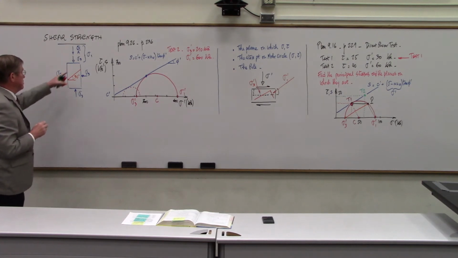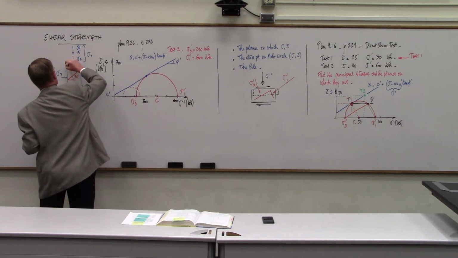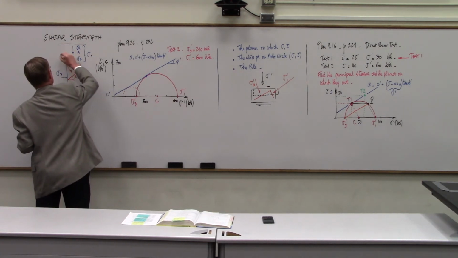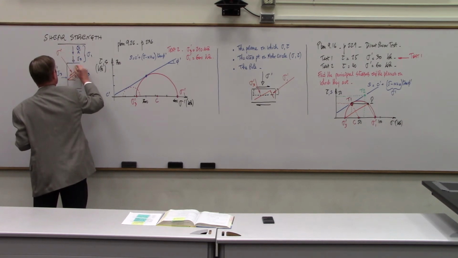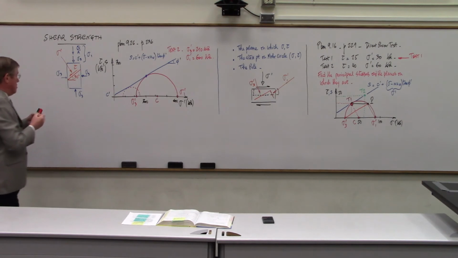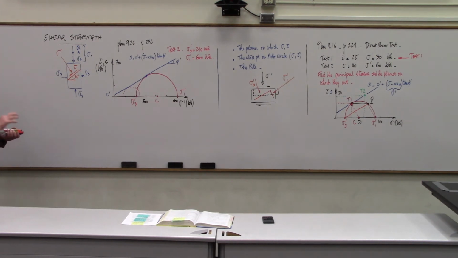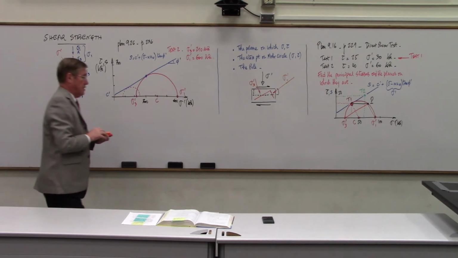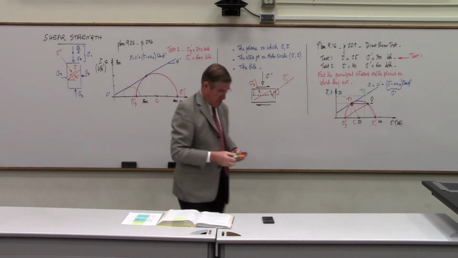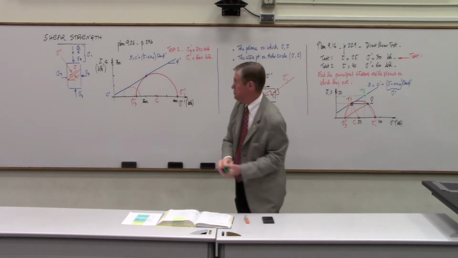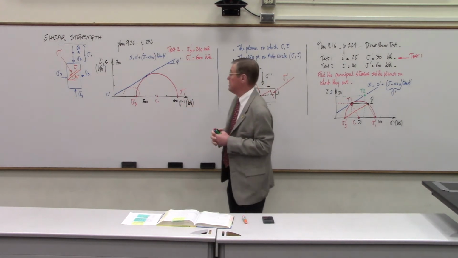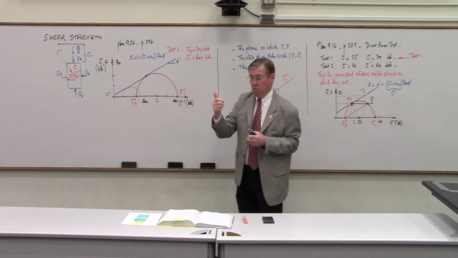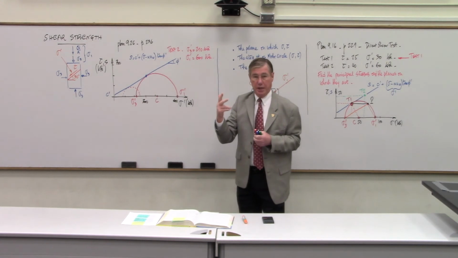So the question is, here's the plane. What are the stresses, sigma prime and tau, within that triaxial test? Pole method. And remember, pole, stress point, and plane.